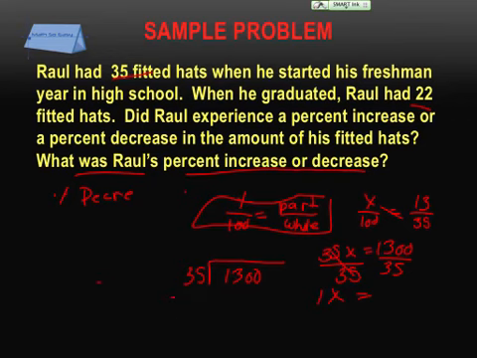And let's say 3 times. So let's go 35 times 3. Very simple. That is 105. Let me subtract. I get 25. Subtract, bring down.